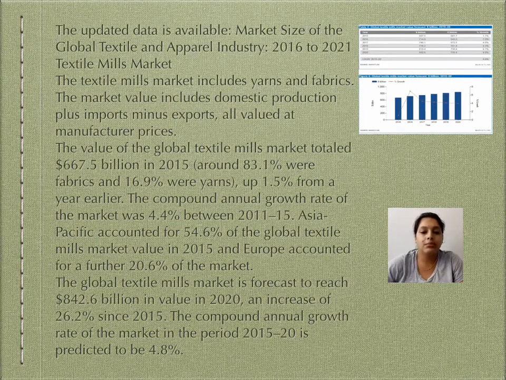The global textile mills market is forecast to reach 84.66 billion in value in 2020, an increase of 26.2% since 2015. The compound annual growth rate of the market in the period 2015 to 2020 is predicted to be 4.8%. Further explanation will be discussed by my fellow Jasmeet Kaur.